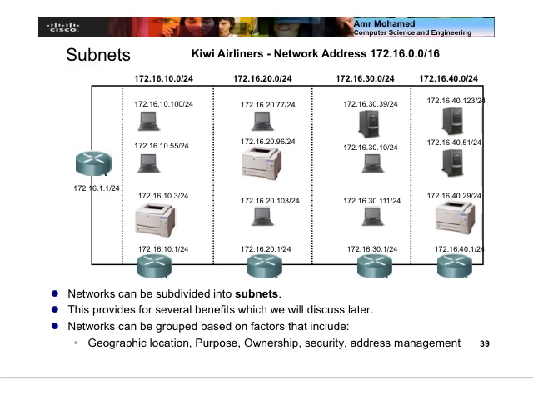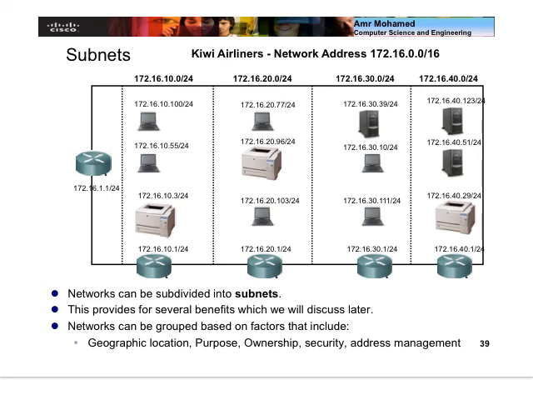So I can divide that into, let's say, 255 different networks. If I divide it into 255 different networks, I need how many bits? 8. Okay? So it allocates the third byte for the subnet address.